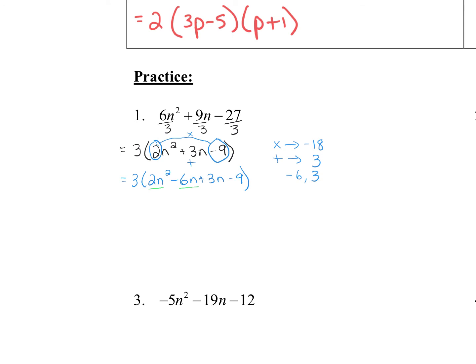What you can divide into these two is 2n. So you're going to common factor out a 2n from the first two terms, leaving you with n minus 3. The second two terms, 3n minus 9, you can common factor out a +3. So you're left with n minus 3.